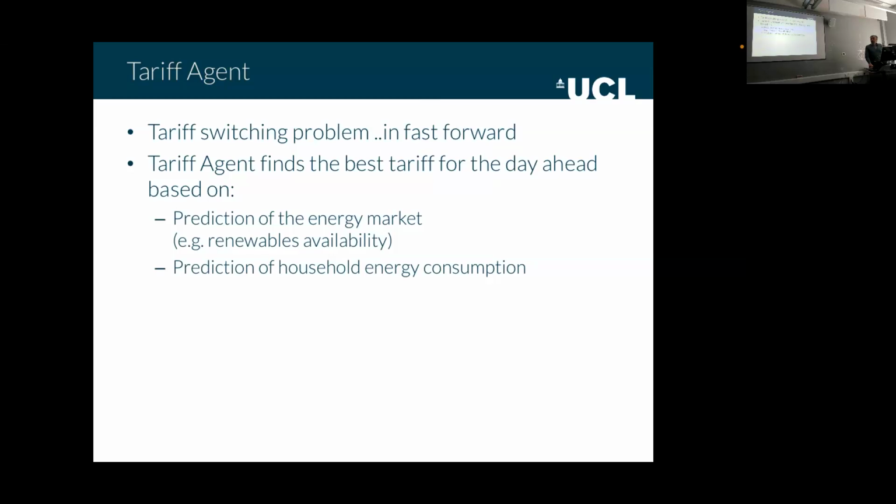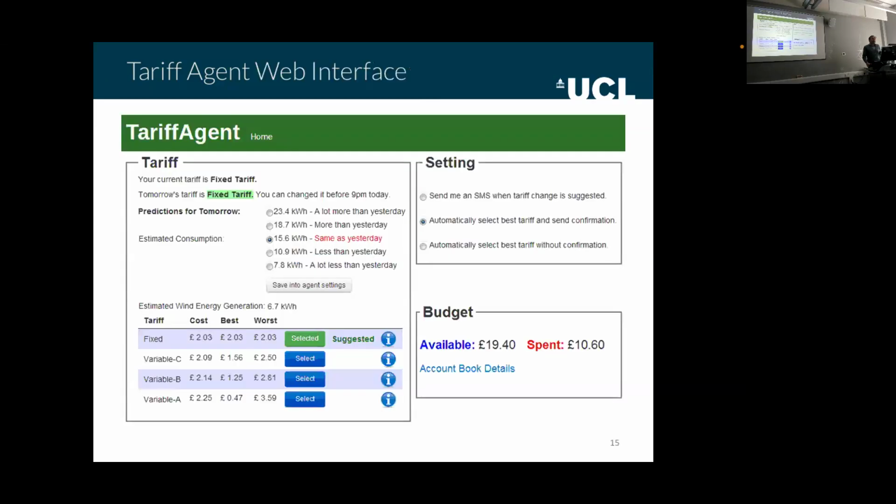We play this in fast forward, while in reality you will be able to switch energy supplier on a monthly basis. In our study, we allow people to switch on a daily basis. The system has a web UI, which you see on this slide. Through this web interface, you can choose what level of agency to give to the system.